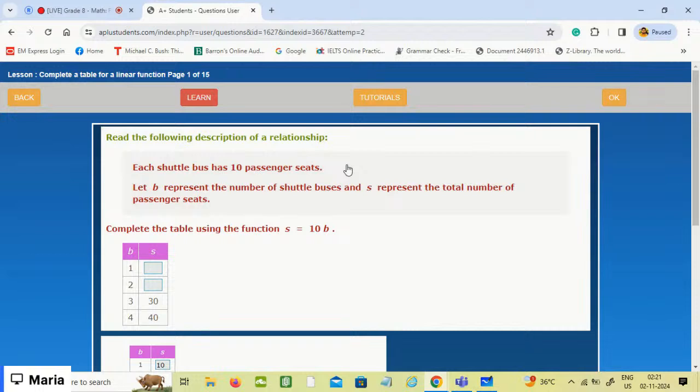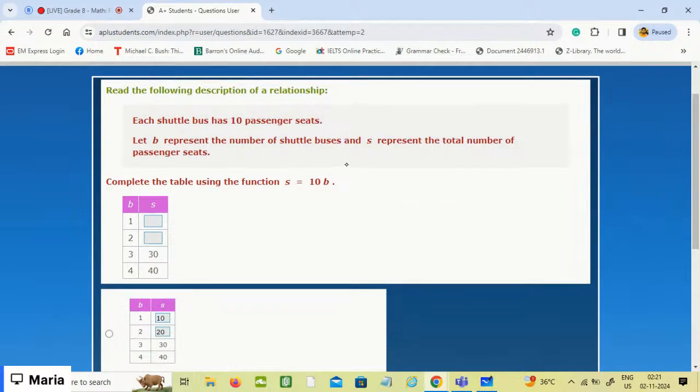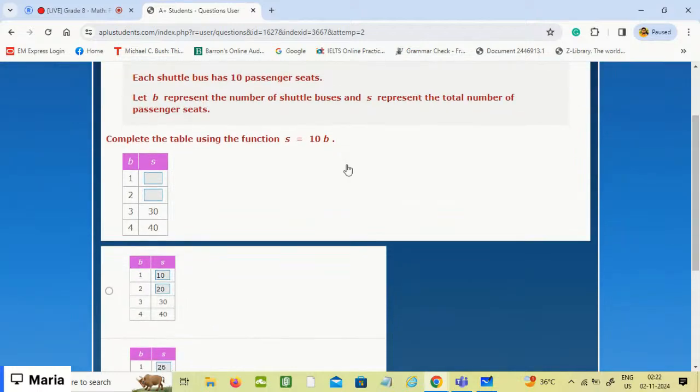Each shuttle bus has 10 passenger seats. Let B represent the number of shuttle buses and S represent the total number of passenger seats. Complete the table using the function S equals 10B.